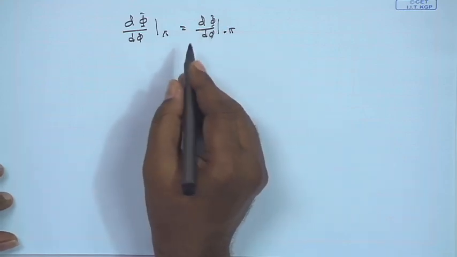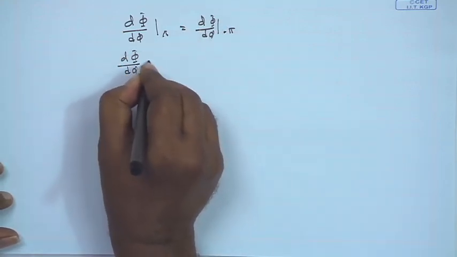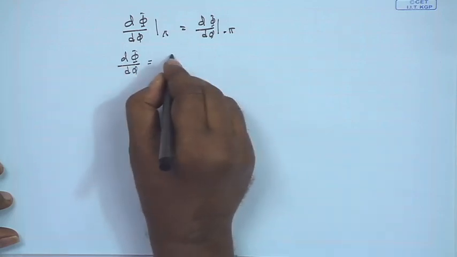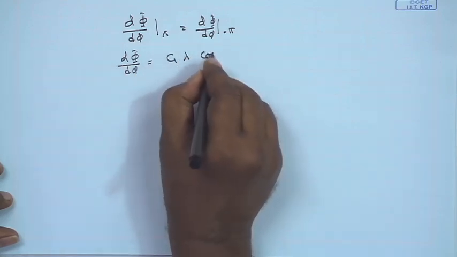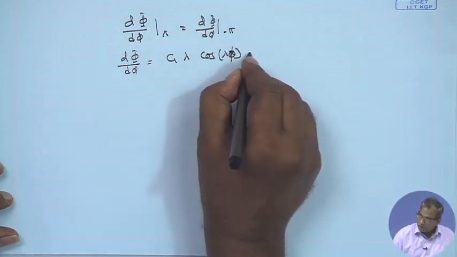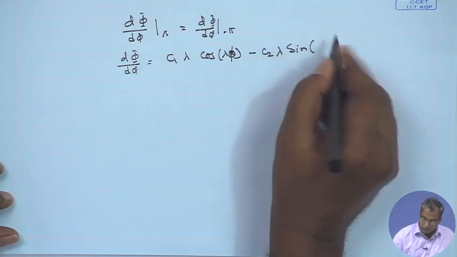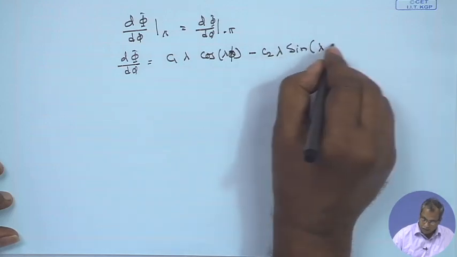If you use this boundary condition, what is d phi? d phi is nothing but C 1 lambda cosine lambda phi minus C 2 lambda sine lambda phi.